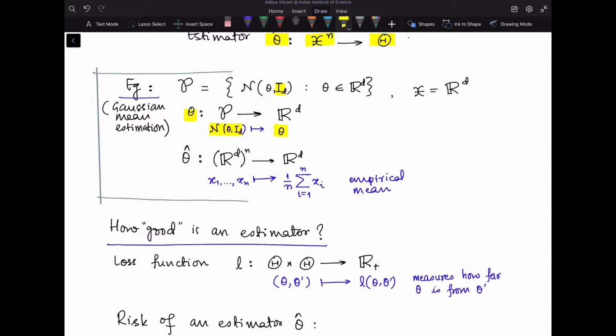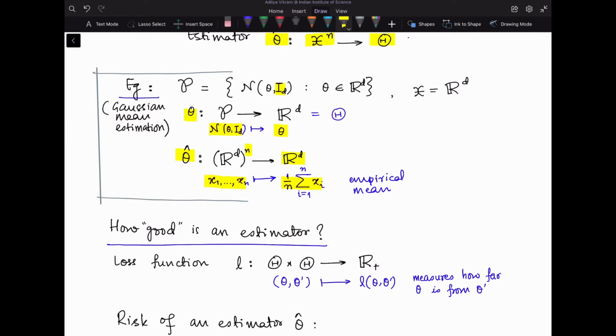Now we want to construct an estimator, the mean estimator theta hat, which takes n elements from R^d and assigns to it an element from R^d again. So here R^d is also big theta. A natural estimator is to look at those n elements and just take their empirical mean.